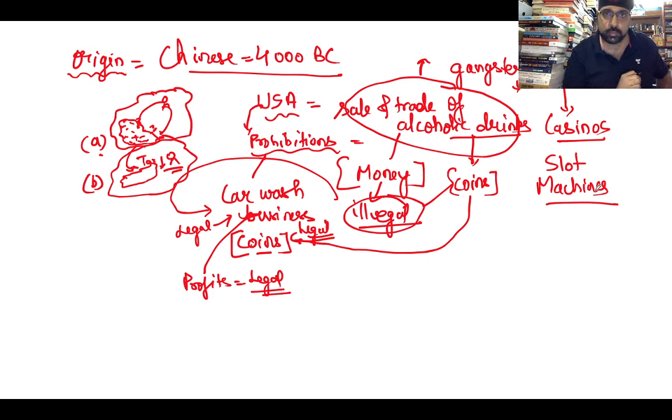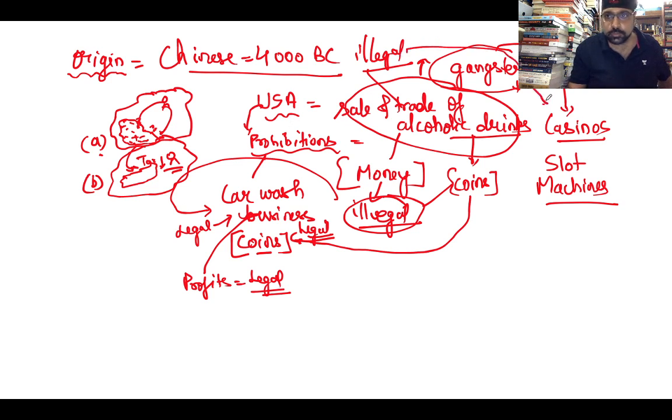What is happening here? The money is generated by the gangsters through this illegal activity called the sale and trade of alcoholic drinks. And that illegal money is now being put to use in a legitimate business called the casino business.